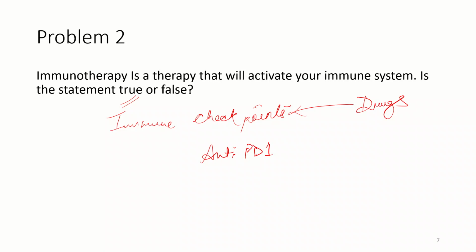So it boosts your immune system to act against the cancer, or whatever the patient is undergoing. It's blocking immune checkpoints, so yes, it's true.